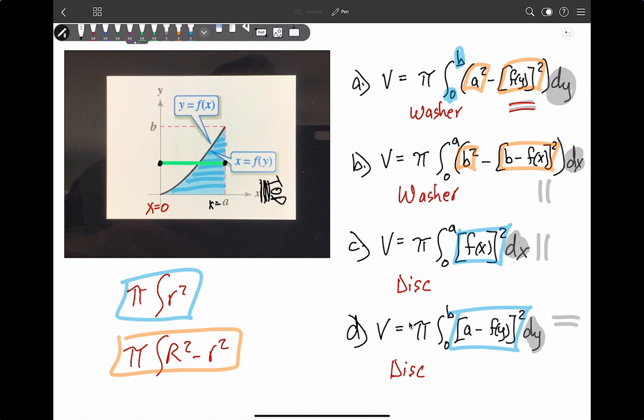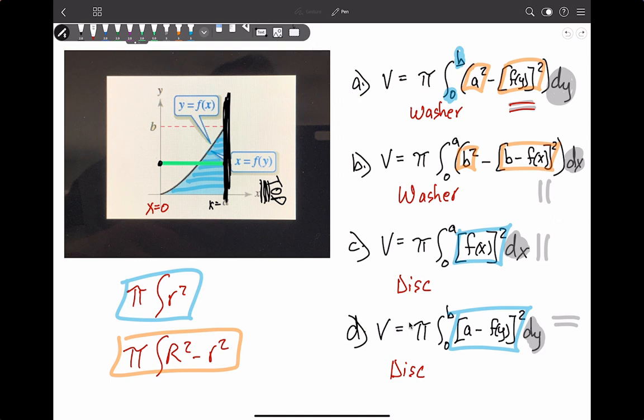So my top function becomes this line, again, because I've rotated my head 90 degrees, and it's going to be a. That's why you got a squared here, because technically that big R squared is the top function of a, okay? And it's minus the bottom function, which is way over here. It's going to be 0. So a minus 0 is still a. That's why you have a squared. That's what's going on there, okay?